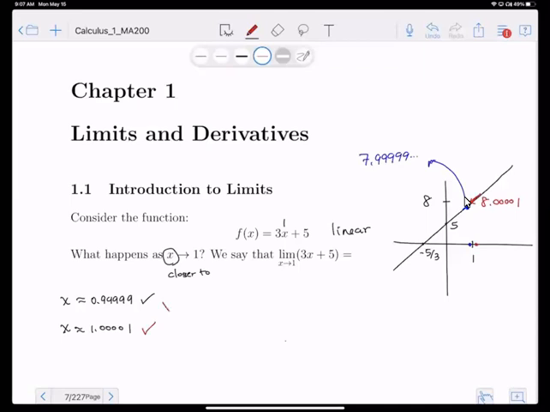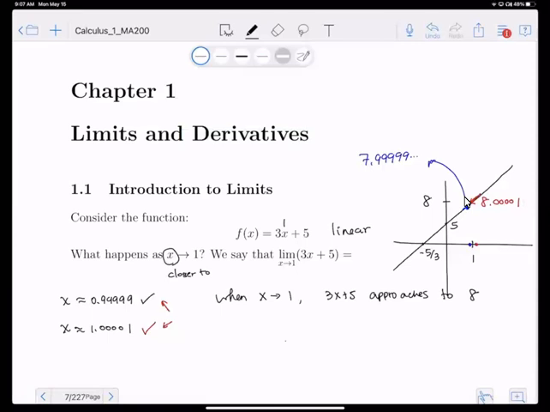Eventually, when you add extra decimals to these two numbers, they get closer to 1. So we can say when x is approximated to 1, 3x plus 5 approaches 8.